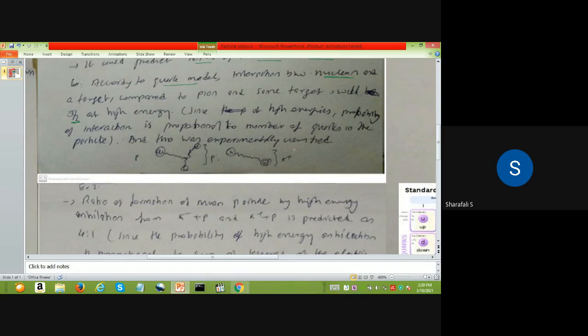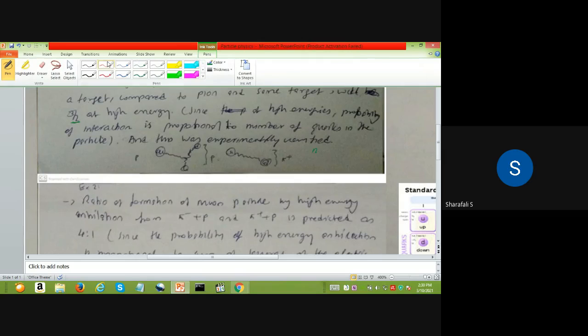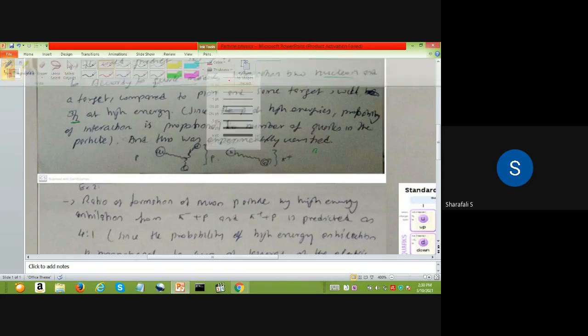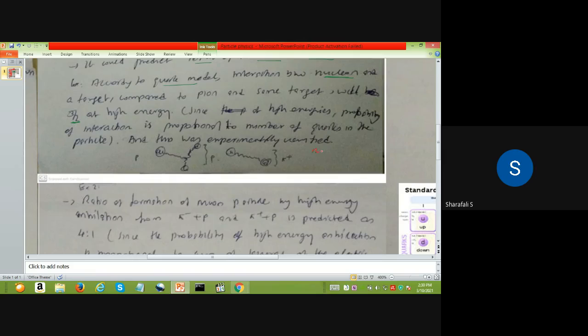So in this particular scenario, let's consider a neutron or a proton which is interacting with a target.